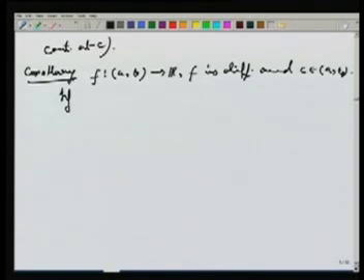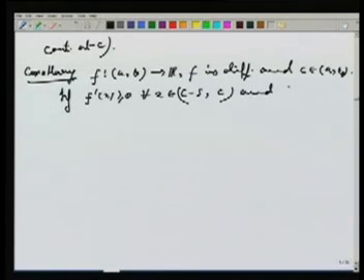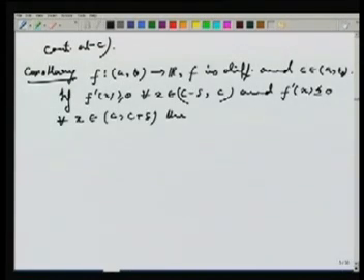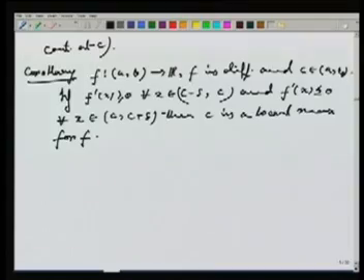If f prime of x is bigger than or equal to 0 for all x in (c minus delta, c), and f prime of x is less than or equal to 0 for all x in (c, c plus delta), then c is a local max for f. It actually follows from the previous result which we have done.